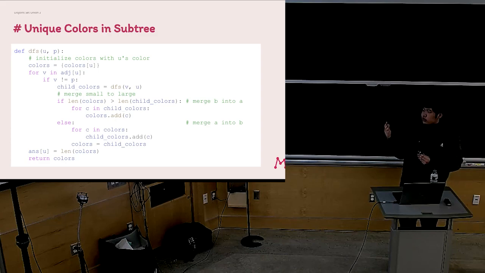Then we compare the two sets, colors and child colors, to see which one is larger. If colors is larger, then we'll merge the elements in child colors into colors. And if child colors is larger, we'll merge the elements in colors into child colors, and then set colors to be equal to child colors. Finally, we can set the answer of U to be the length of colors, and we return colors to recursively feed the previous call to this function.